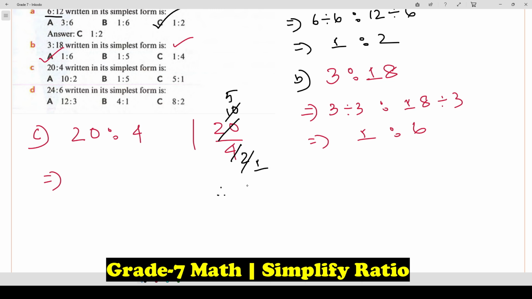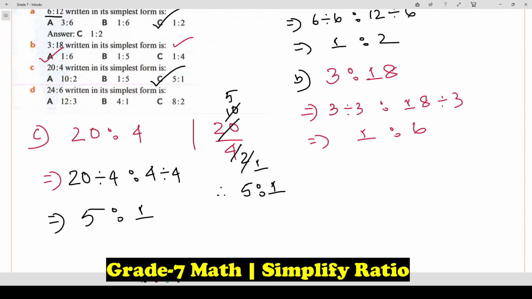So this one is 5 is to 1. Or if you are capable, you can do 20 divide 4 is to 4 divide 4. So finally 20 divide 4 will be 5 is to 4 divide 4 equals 1. Okay. So what will be the answer? 5 is to 1, which is number C.